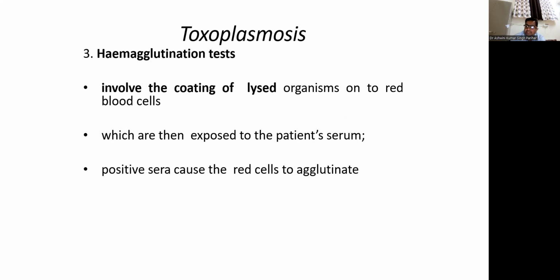Third is the hemagglutination test, where the organisms are coated on the RBCs, and these RBCs are mixed with the patient sera, leading to agglutination of RBCs. These are the important tests to diagnose toxoplasmosis. Once these tests are confirmed, you see how severe the uveitis is, and along with the toxoplasma management, you do the management of the uveitis, which we will discuss in the upcoming slides.